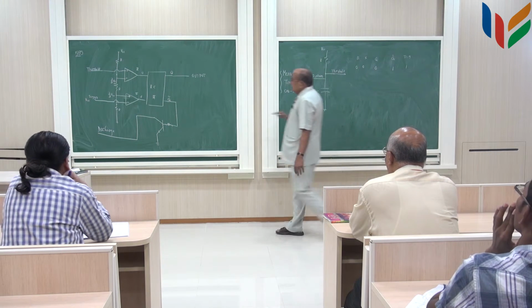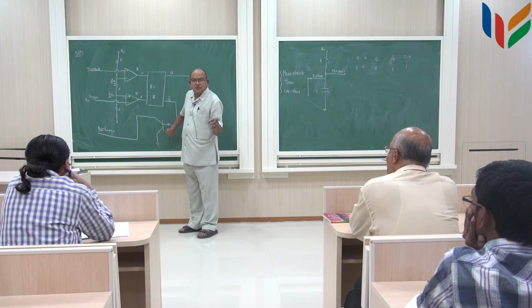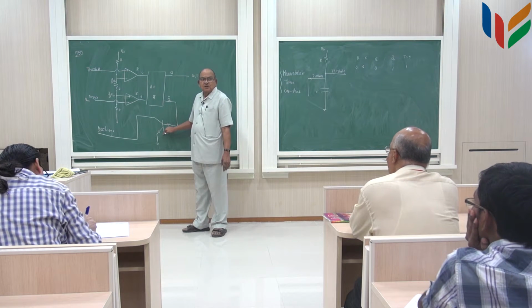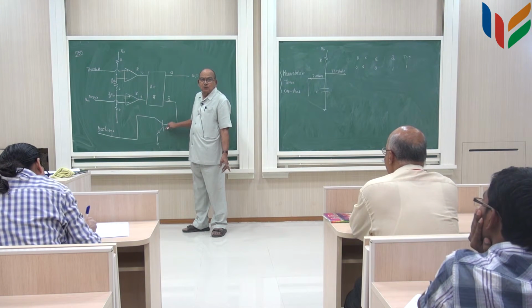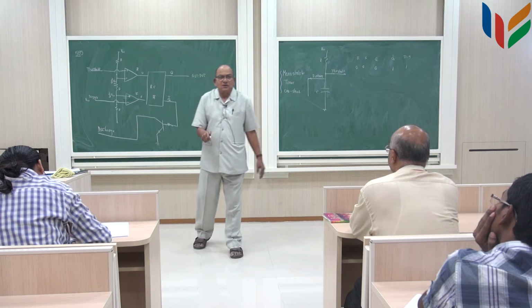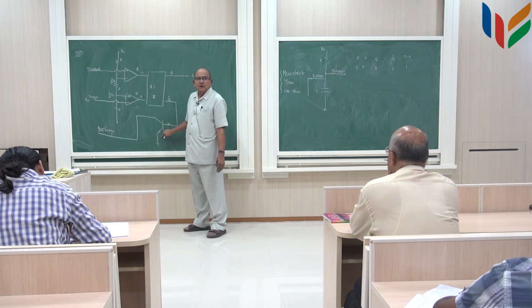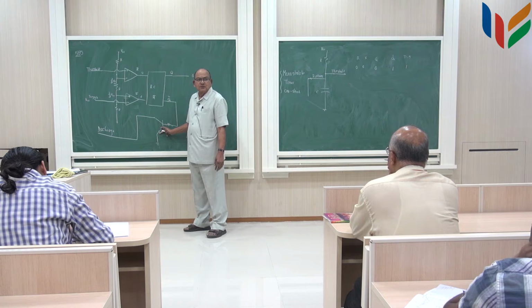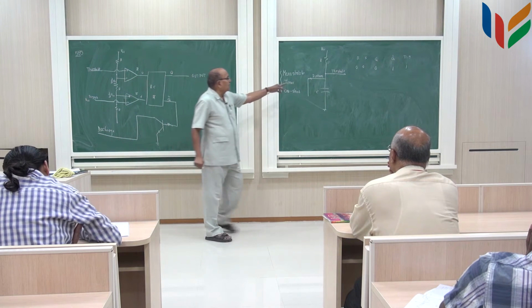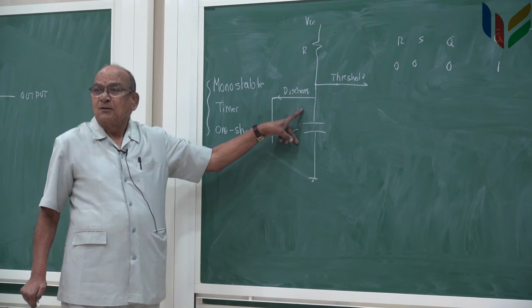If that is the case, this 1 makes this transistor saturated, because a positive voltage is applied to the base through a resistor. So the base current is high enough to saturate the transistor. As a result, from collector to emitter this is almost a short circuit. If this is a short circuit, the discharge terminal, which is connected across the capacitor, makes the voltage across the capacitor 0.